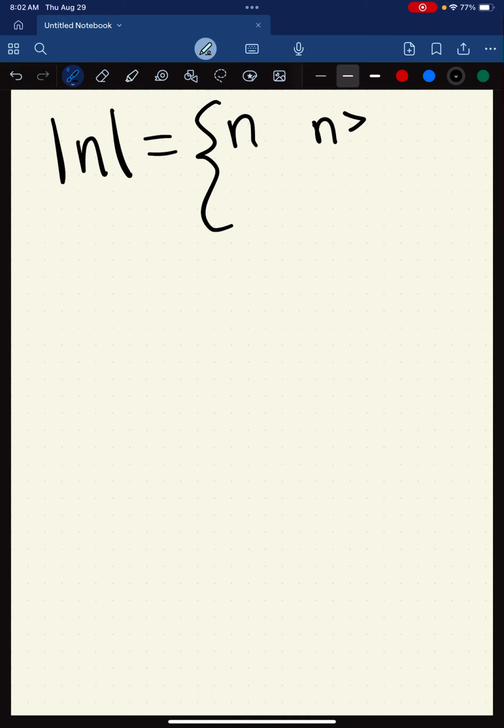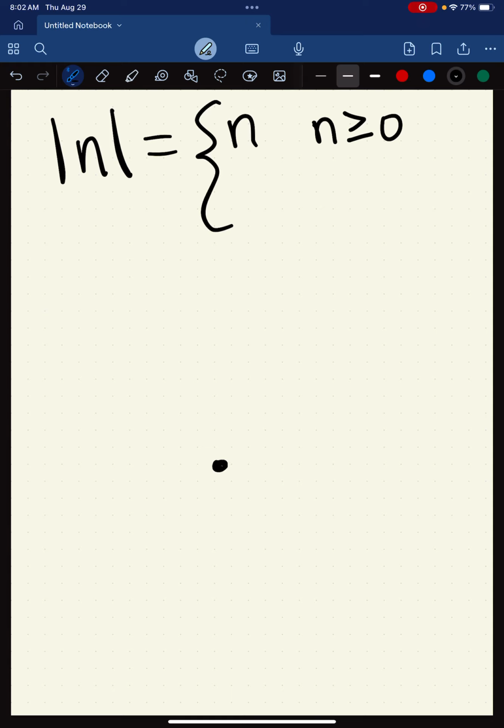If we have the absolute value of a number n, it will be just n whenever n is positive or 0. So n is greater than or equal to 0. n is to the right of or equal to 0.